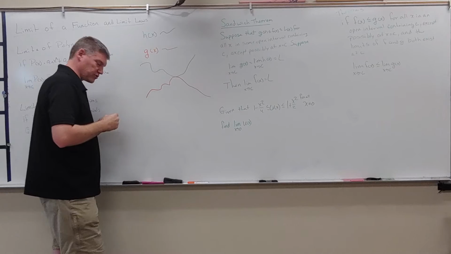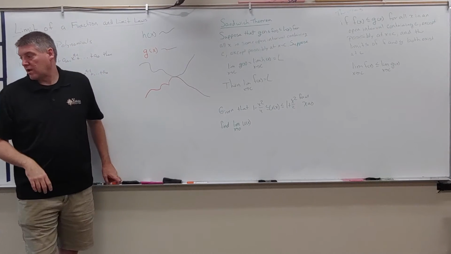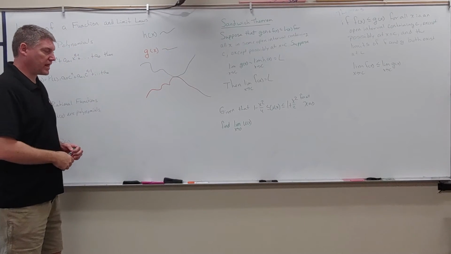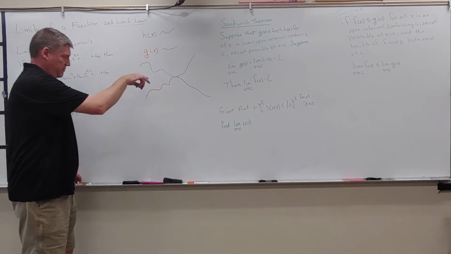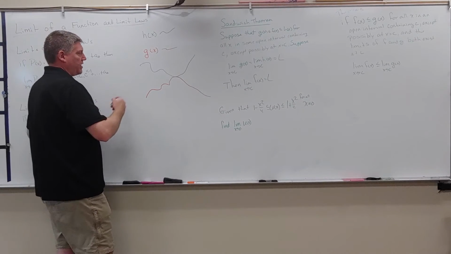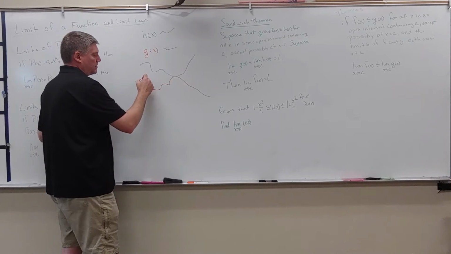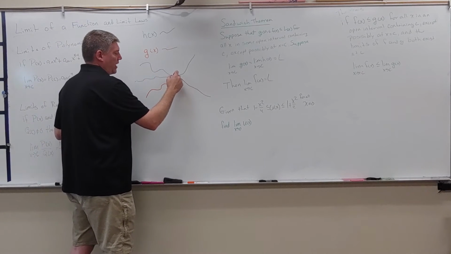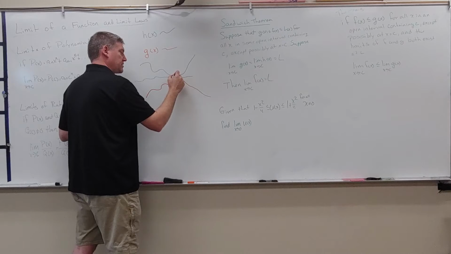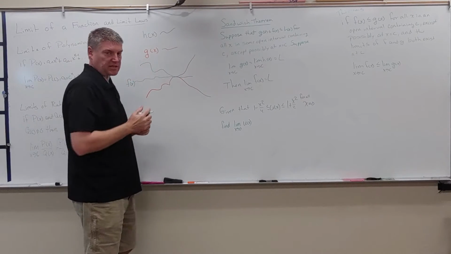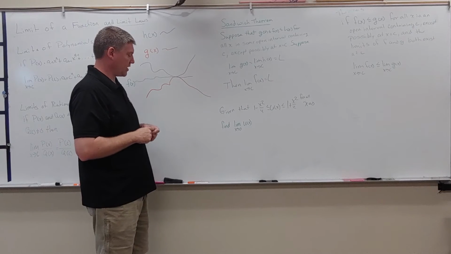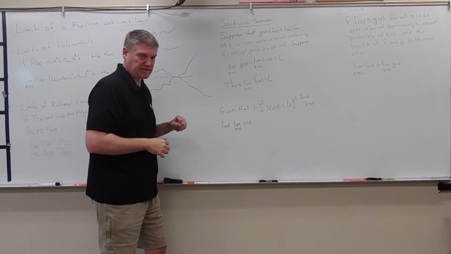Now if I take an f of x that's kind of in between there, and it kind of comes here, well, it's saying that the limit has to be there because it's sandwiching them together, to bring them back together. Okay, so hopefully that visual representation helped.